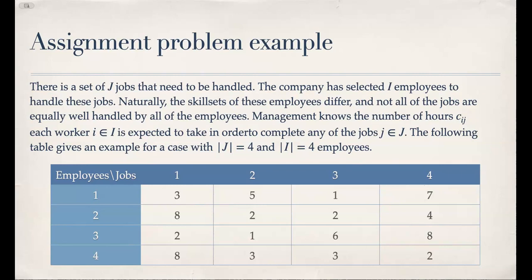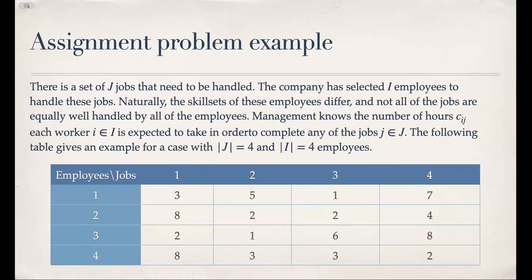Okay. x, which is our decision variable, contains only 0 and 1. And we multiply element by element with this table, it becomes the total hours required for completing all jobs.